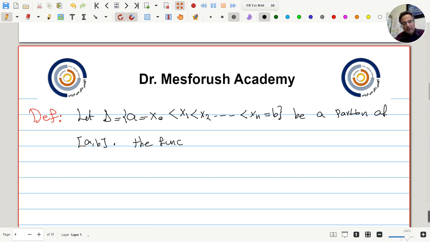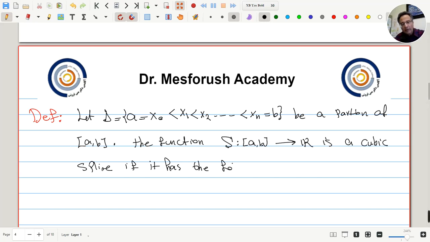The function s from a and b to R is a cubic spline if it has the following properties.